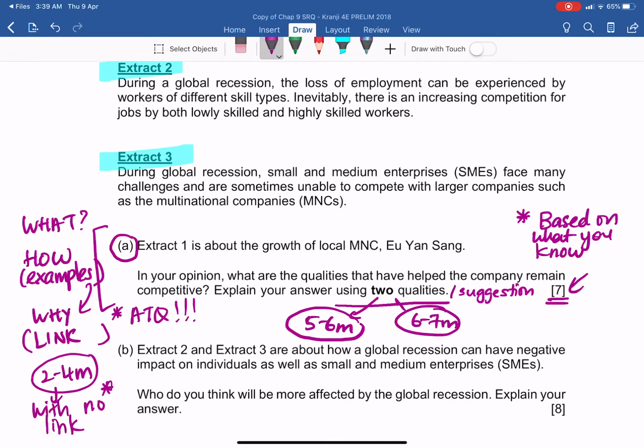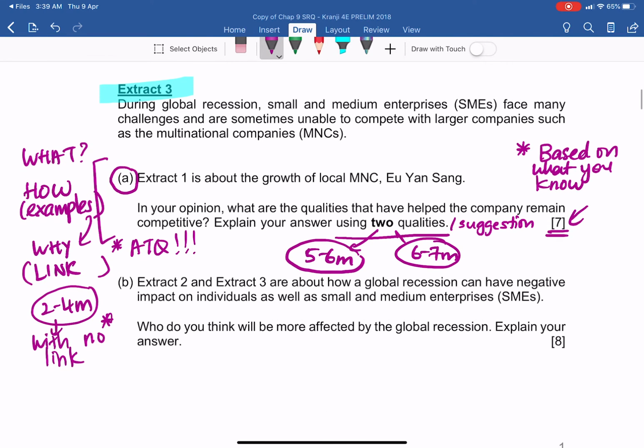Now, if we look at the B question itself, extract 2 and extract 3 is something that will be familiar, meaning you have learned the content. You would already know some sort of knowledge.